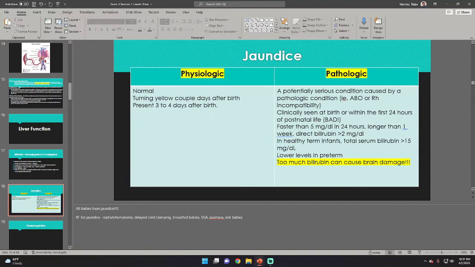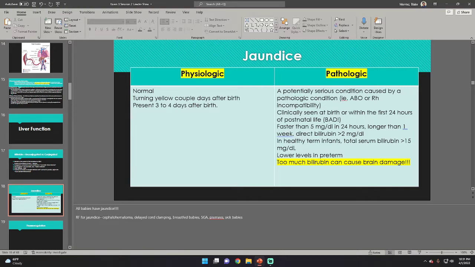This is a serious condition caused by a pathologic condition, whether it's an ABO incompatibility or maybe an Rh positive, Rh negative incompatibility. This is seen at birth or within the first 24 hours of postnatal life.